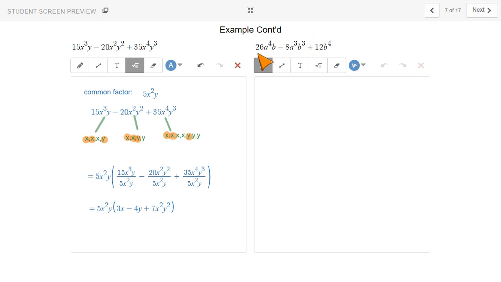Next example, 26a to the power of 4b minus 8a cubed b cubed plus 12b to the power of 4. There's no a in this one, and there's only one b in our first one, so our common factor in this case is 2b.